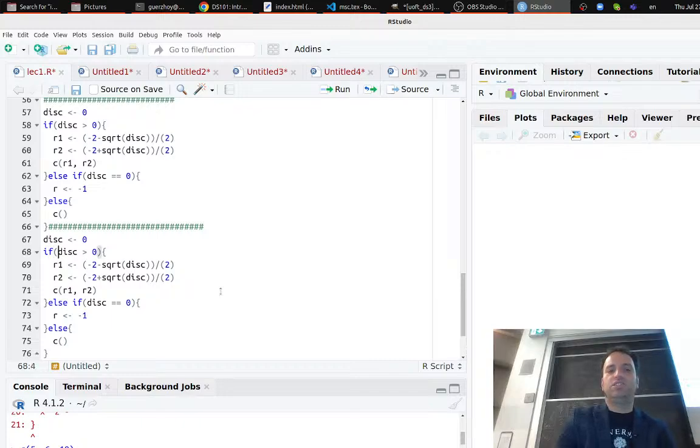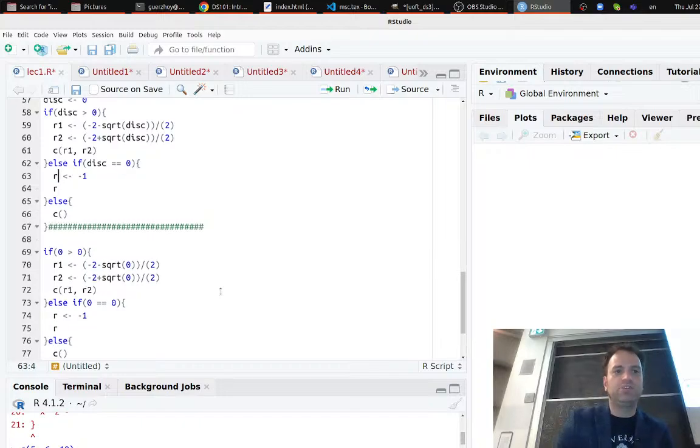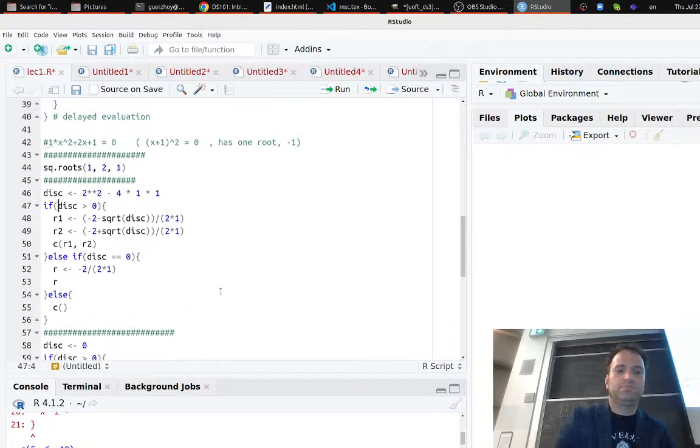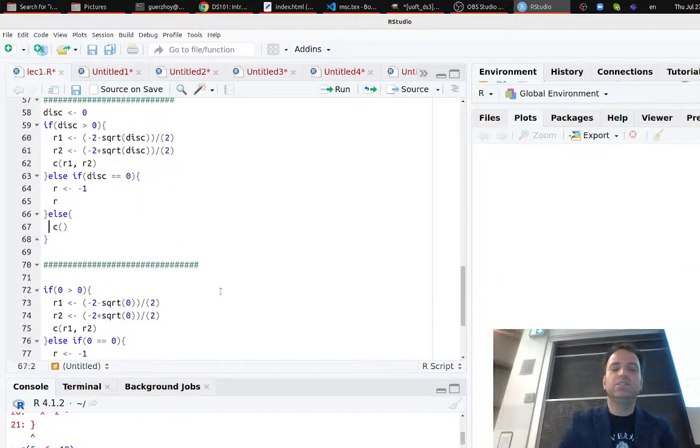So disc is now 0, and now that's not necessary because I know disc is 0, so I'll just substitute 0 instead of disc everywhere. Now I have this, and here I had an R which I left out. So now that's going to be like this.